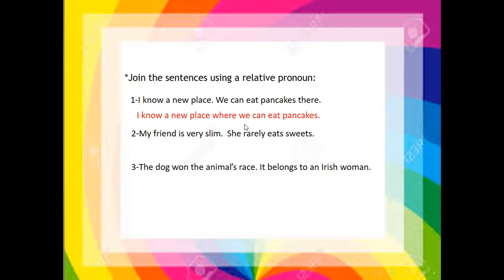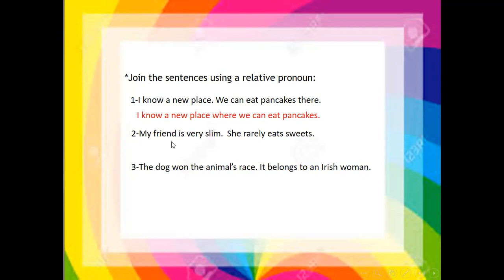So, we start with the first sentence. نبدأ بالجملة الأولى. And when we reach the common noun, we stop. So, we wrote my friend. نكتب my friend. We stop at my friend. نتوقف عند my friend. My friend, it is a person, شخص عاقل.